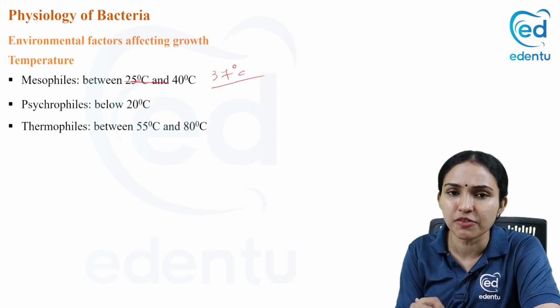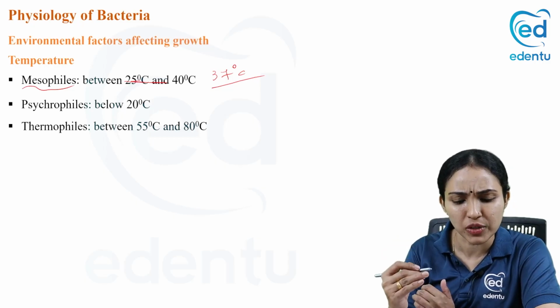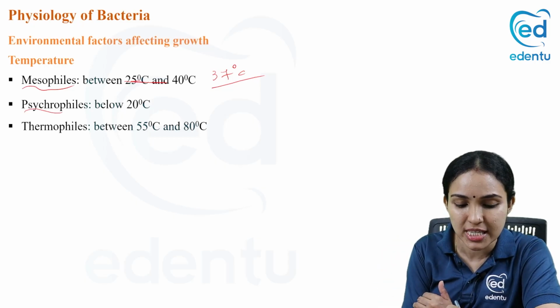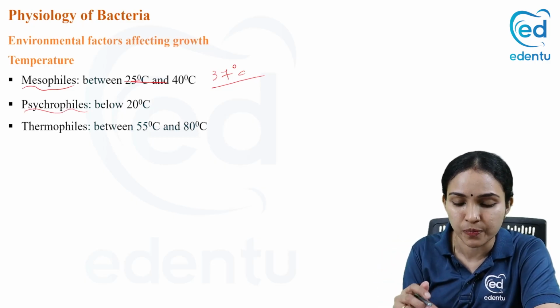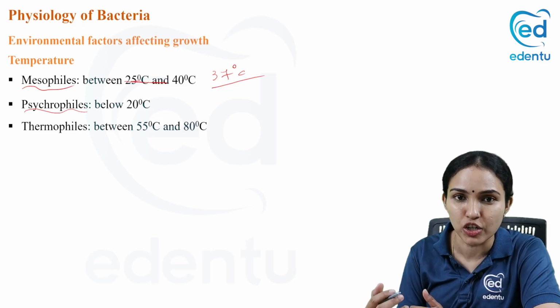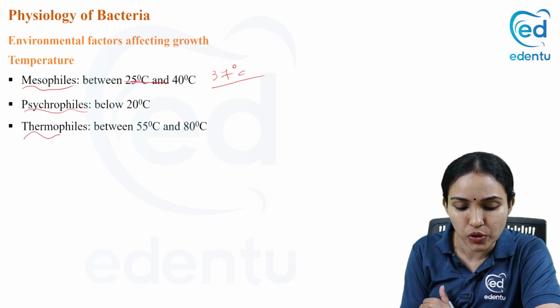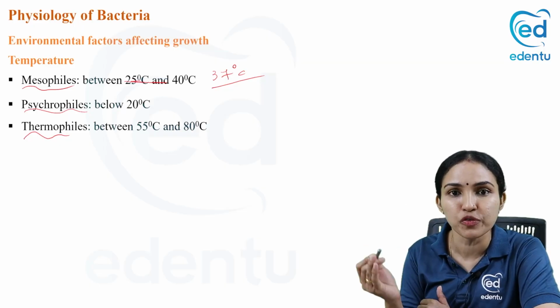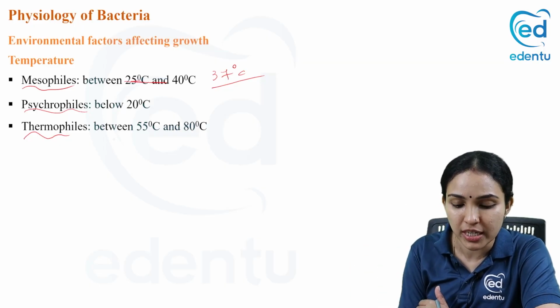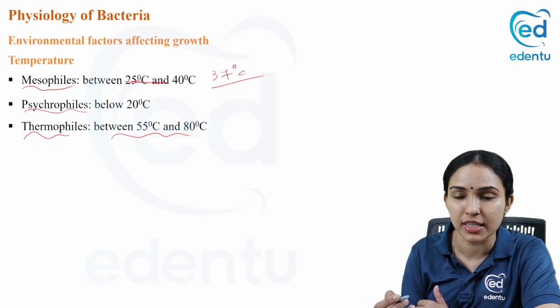Between 25 and 40, if they are surviving, you call them mesophiles. If they survive at very low temperature, you call them psychrophiles. Those are actually saprophytes, soil saprophytes, water saprophytes, which are normally seen in the environment. Such bacteria can survive at lower temperatures. And what is meant by thermophile? Thermophilic means temperature loving. It loves high temperature, 55 to 80 degrees Celsius, even higher than that.